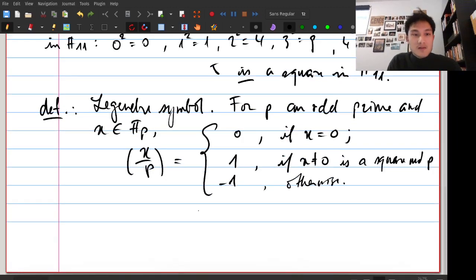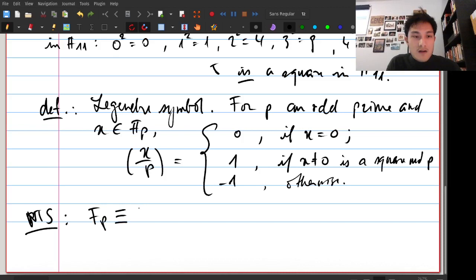Okay, so here's what we're going to prove. We want to show that F_p is congruent to, sorry, not x over p, it's 5 over p, modulo p.